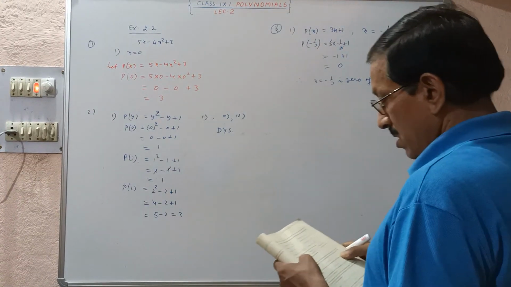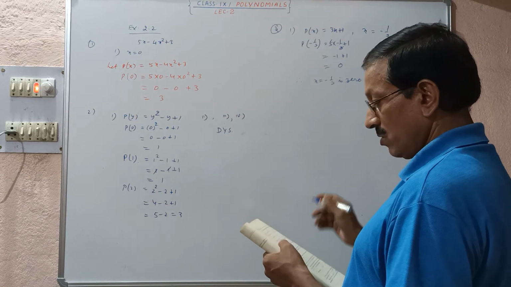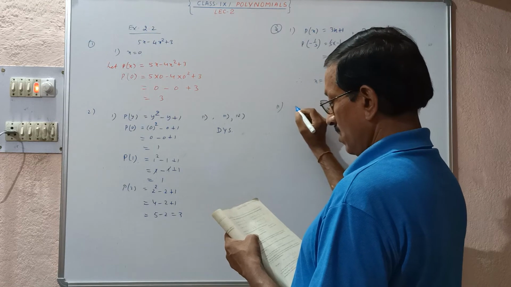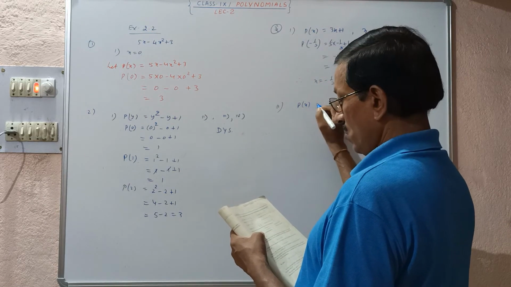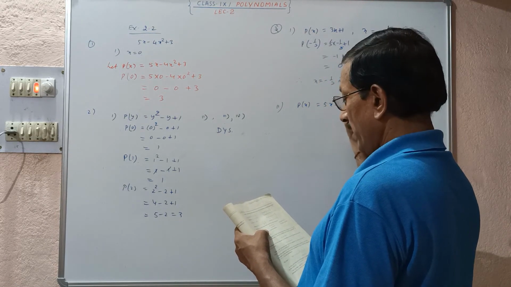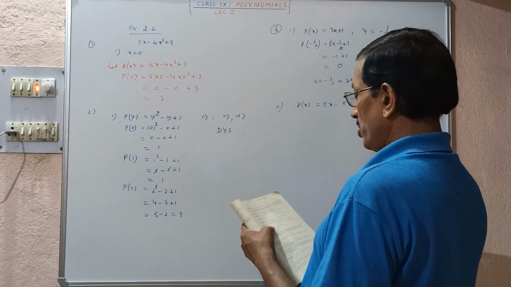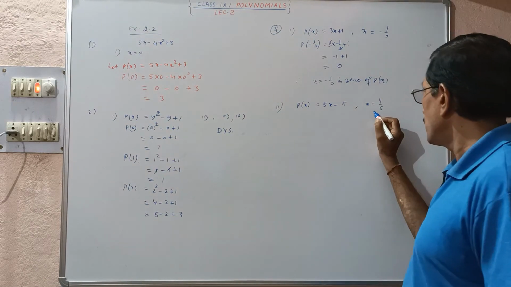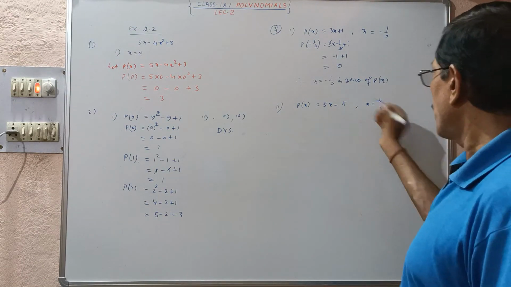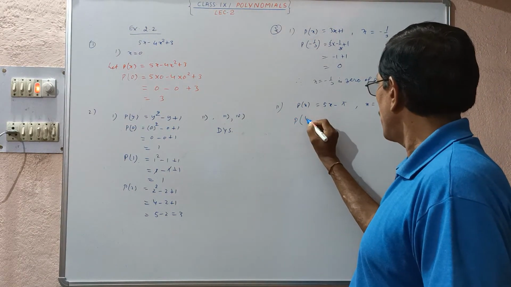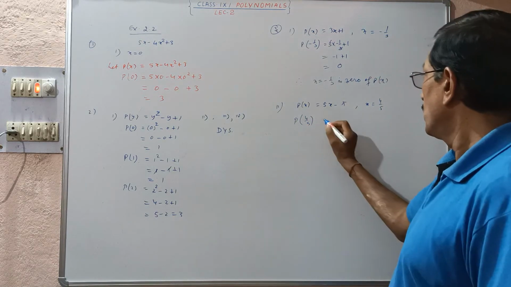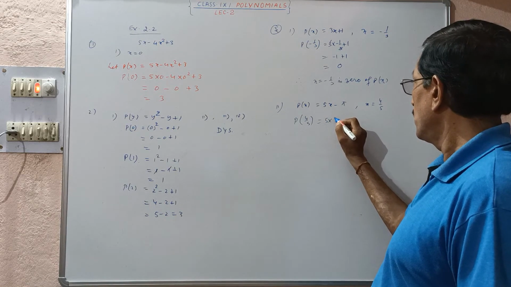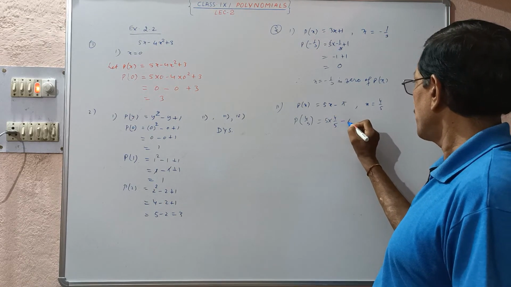Similarly, we take another question. Question number 2: p(x) = 5x − π, and we have to check x = 4/5. We have to check whether this value is a zero of p(x). So we find p(4/5). Wherever there is x, we put 4/5: 5 × 4/5 − π.